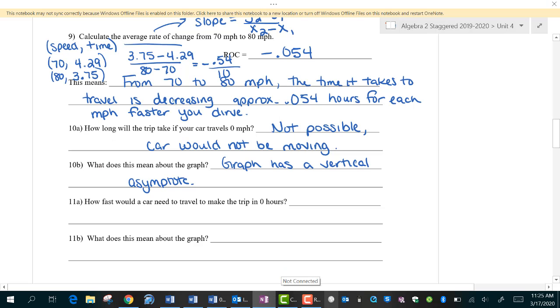Now, the last question says, how fast would your car need to travel to make the trip in 0 hours? Hopefully you can see that this isn't possible as well. No matter what speed my car is traveling at, I cannot make the trip in 0 hours. So this also means that we have a horizontal asymptote.